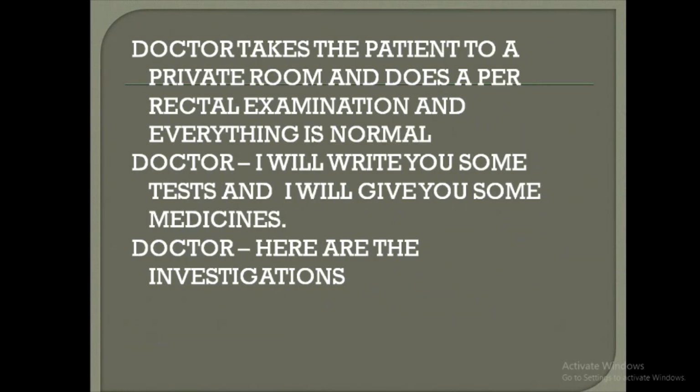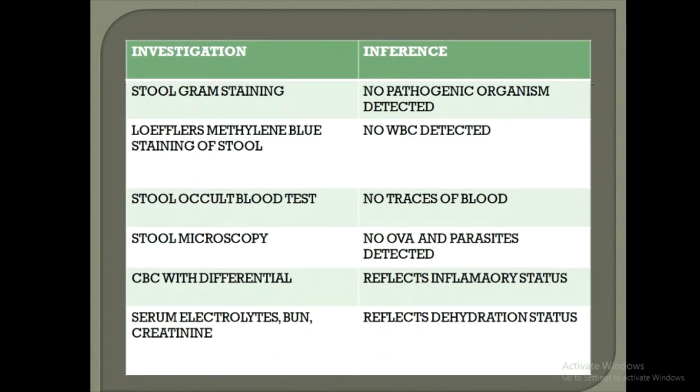He wrote a battery of tests, gram staining to detect any organism, but what he found was only our friendly gut commensals. Loeffler's methylene blue and occult blood test ruled out invasive gut disease. Microscopy didn't reveal ova or parasites. CBC with differential will reflect the inflammatory status, proving it's an itis.